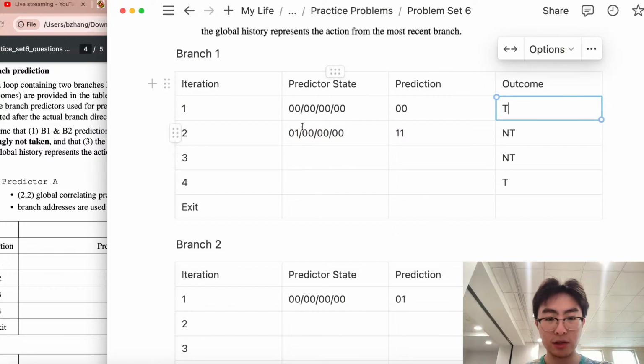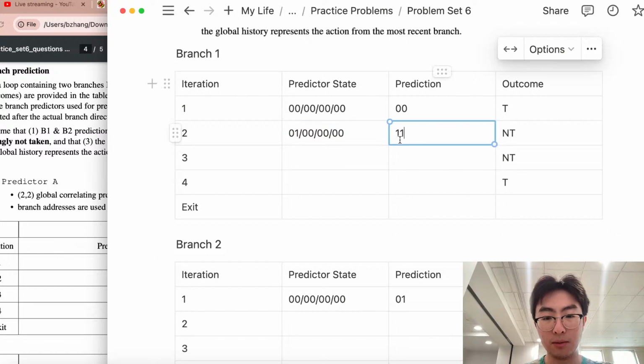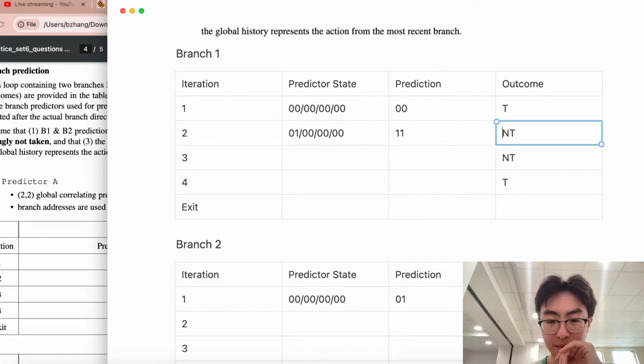All right, so this is our new state. Okay. And then we make a prediction here. So the prediction is now 1, 1. And yeah, that means it's strongly taken. Right, so we should take it. I have to double check on what that actually does. But the outcome here is not taken.